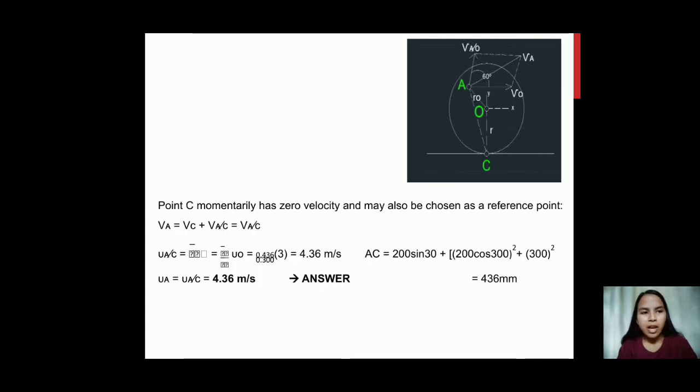And the other way of finding the velocity of A, we can use point C, since momentarily point C has zero velocity.